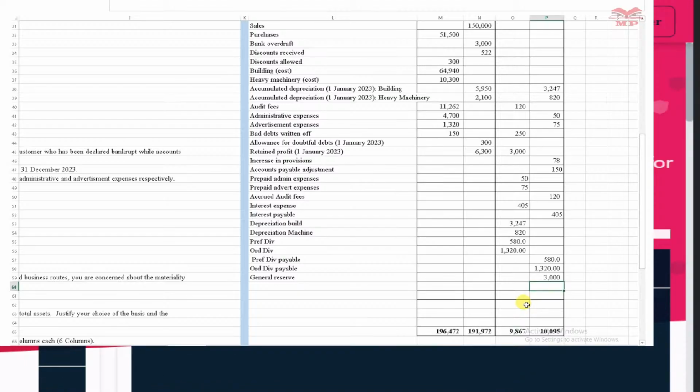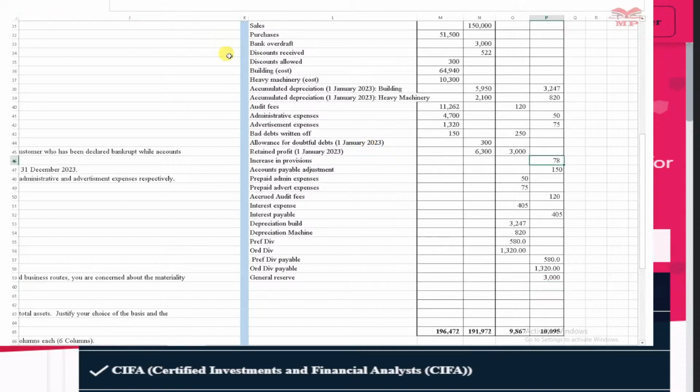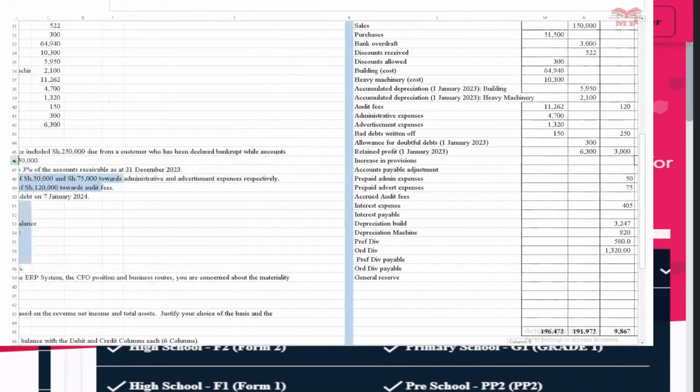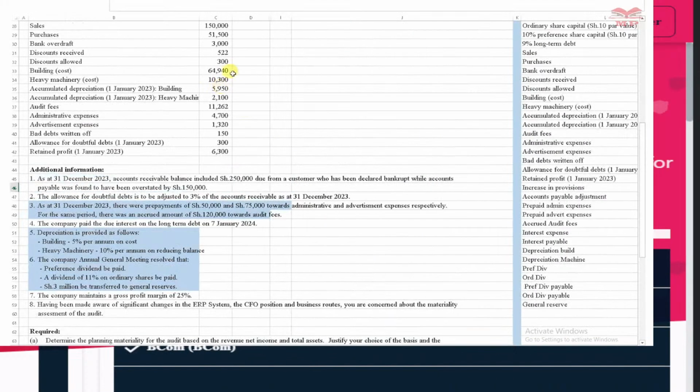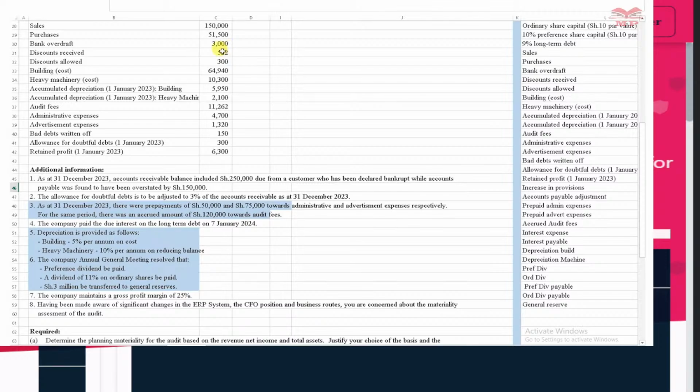And so I will go back to the allowance for doubtful debts right over here. If you remember, I had picked the 222 value over here as the difference between the 522 right over here. Then we subtract the 300 component over here.